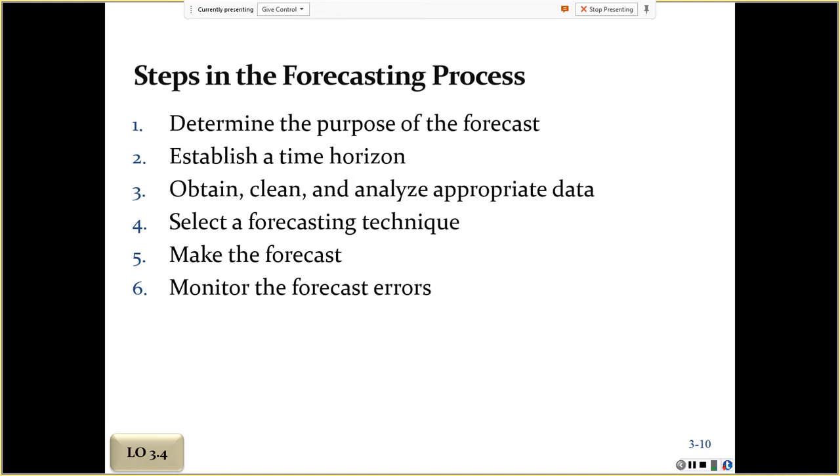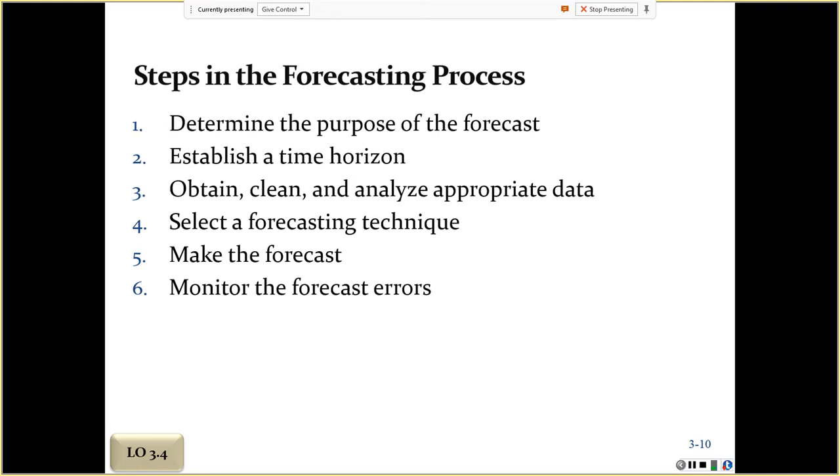You want to have clean data and analyze appropriate data, as this helps eliminate junk results. Remember, bad data in is going to generate bad data coming out. So you want it to be clean and appropriate for what you're trying to forecast.